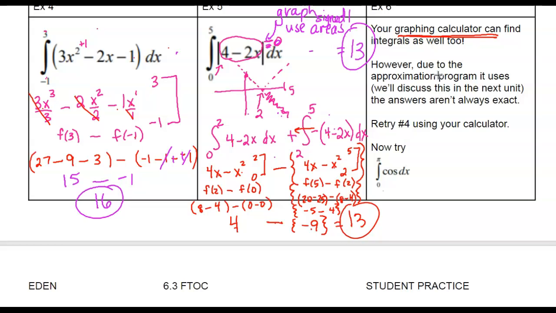So in y1, you are going to put in the derivative, okay? And then for your second calc, go to second trace, which is really calculate. I think it's number 7, and it'll say integrate.